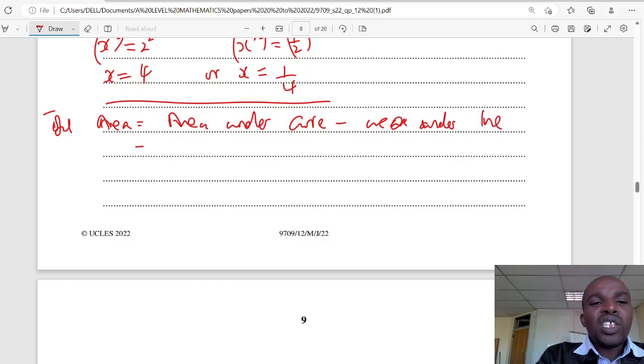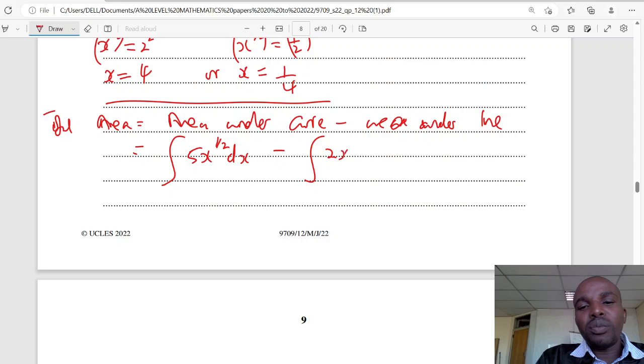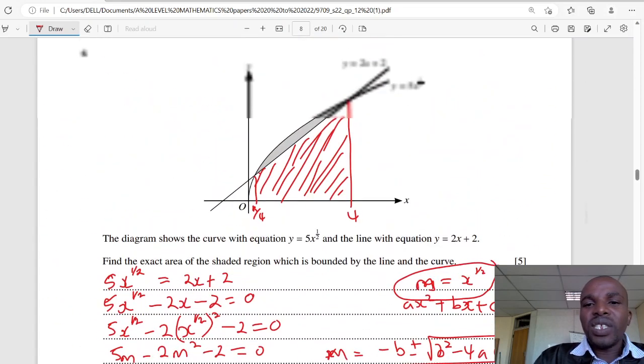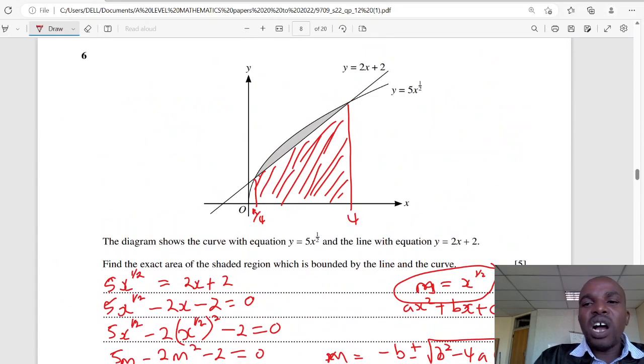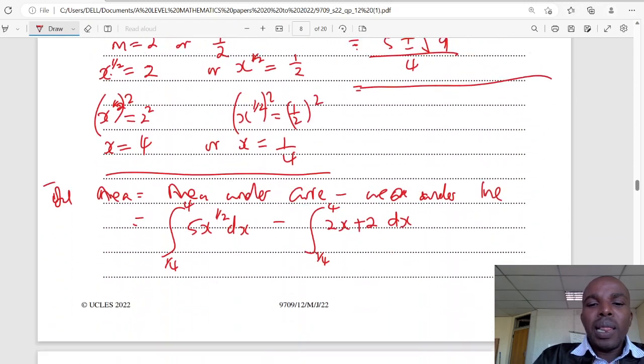Under the curve, you integrate 5x to the power half dx, minus the area under the line, which is 2x plus 2, dx, using the limits, lower limit 1/4 and upper limit 4. Let me check again. The equations 5x to the power half and 2x plus 2, correct.